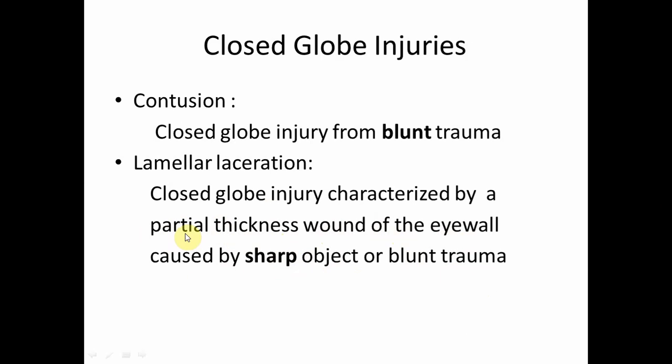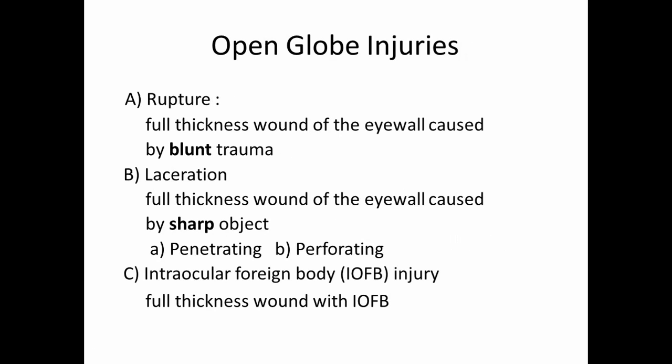Now here we see the term partial thickness. This is very important because if it is a full thickness wound, then it becomes an open globe injury. So this is a partial thickness wound, so it still comes under closed globe injuries. So under closed globe injuries, you have contusion and lamellar laceration.